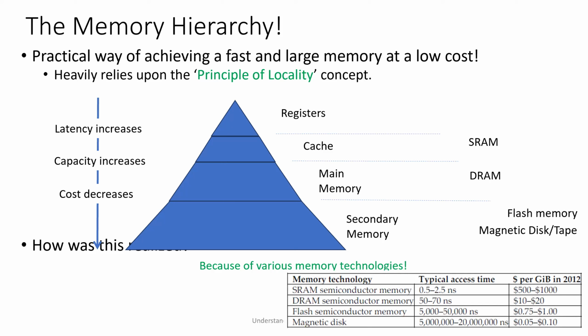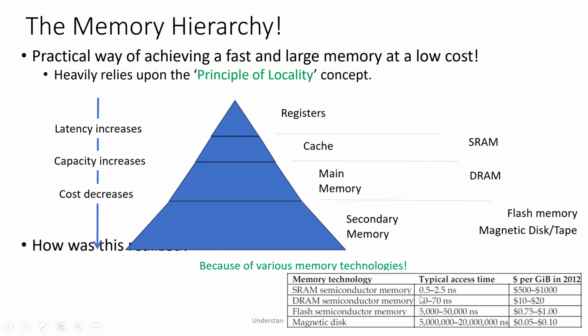Now, just to give a quick understanding of why it is low cost: the semiconductor memory, the SRAM, is typically very fast. It takes about 1 to 2 nanoseconds to access any data, but it is very costly, maybe $500 to $1,000.